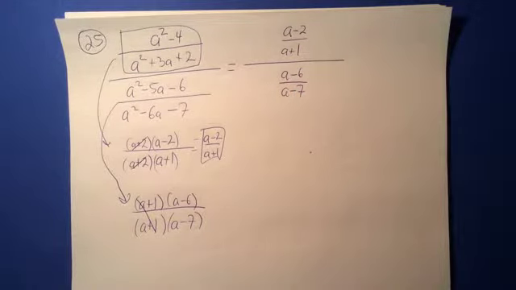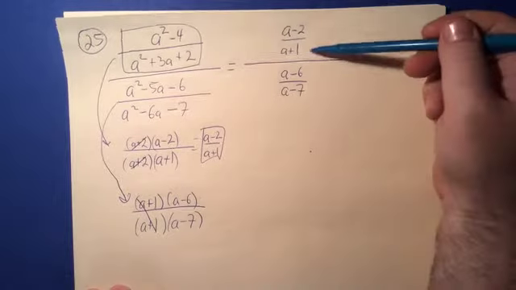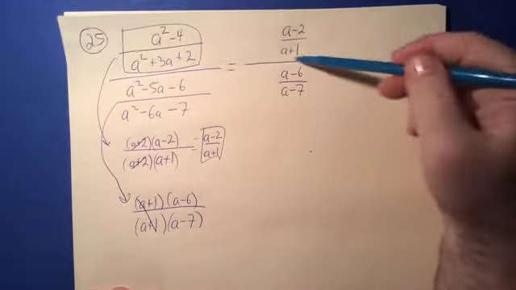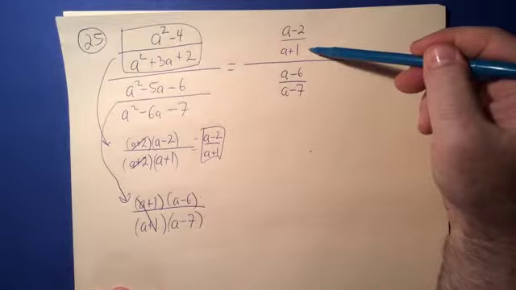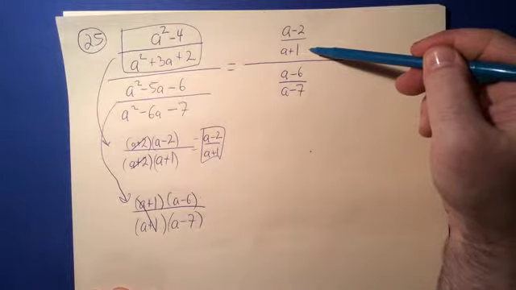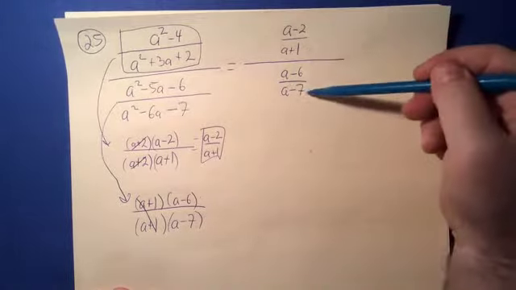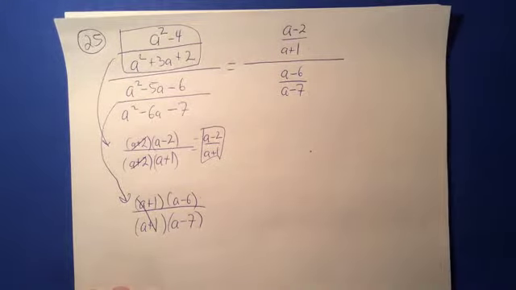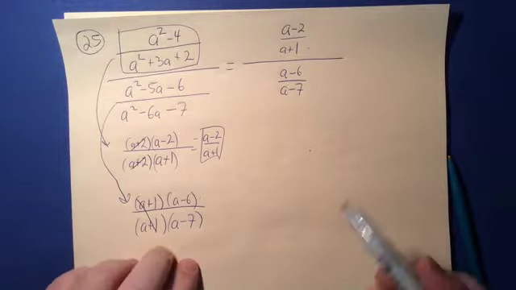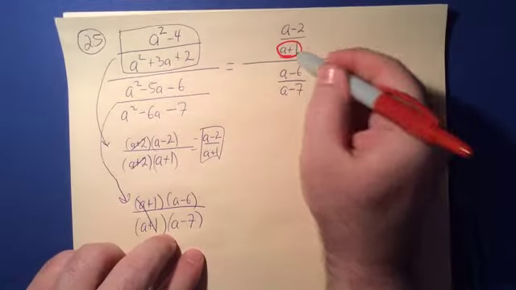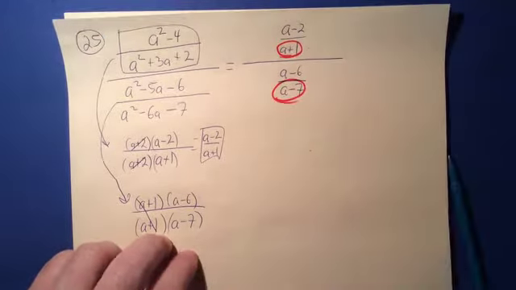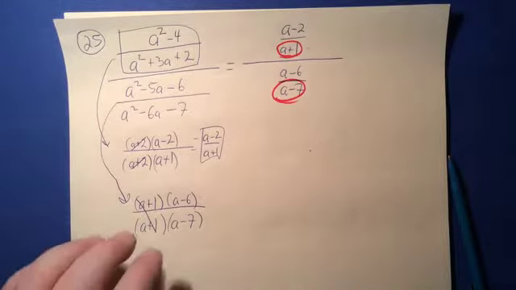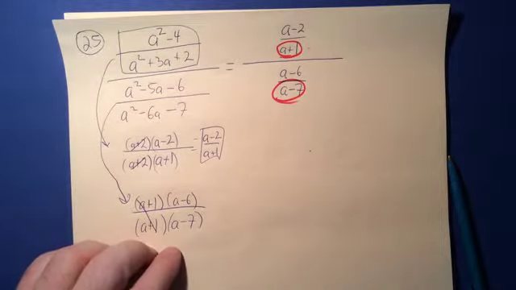Now that we have this simplified, we have to consider how can we get rid of these denominators in the top part of the complex rational expression, and how we can get rid of the denominator in the bottom part of the complex rational expression. So much like the work we did before, when I see I have a plus 1 here and I have a minus 7 here, I'm going to go ahead and multiply the top and the bottom by the same thing.